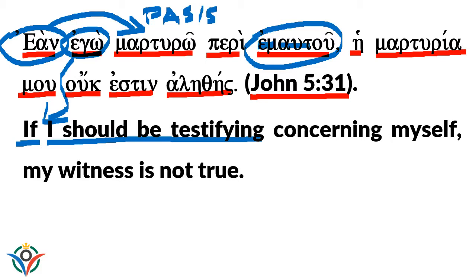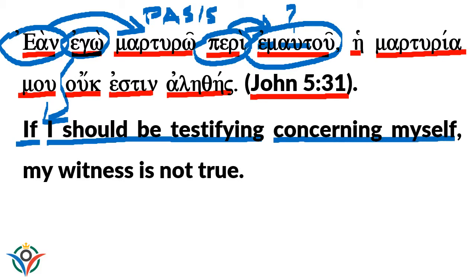And the question is, why is it a genitive case? And the answer to that is because it is functioning as the object of the preposition peri. All right, and peri can take its object in the genitive case, which it does here. So that's why emautou is in the genitive case. So we translate peri emautou as concerning myself.